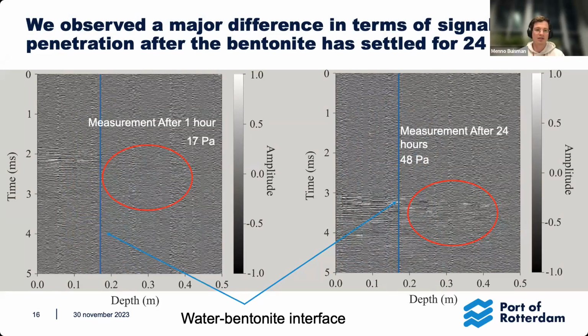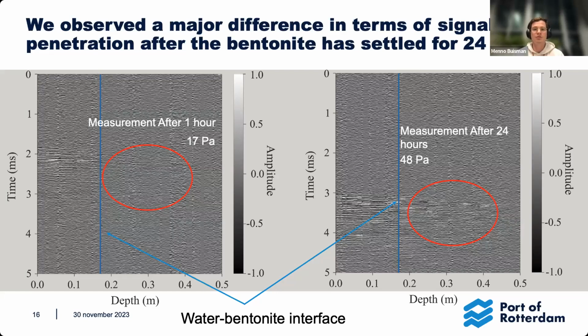Now, bentonite has a very particular behavior. It doesn't sedimentate, it only increases in shear strength. And you can imagine this stuff to really become like a pudding. But because the density doesn't change, it allows us to purely relate the change in acoustic signals to a change in shear stresses.